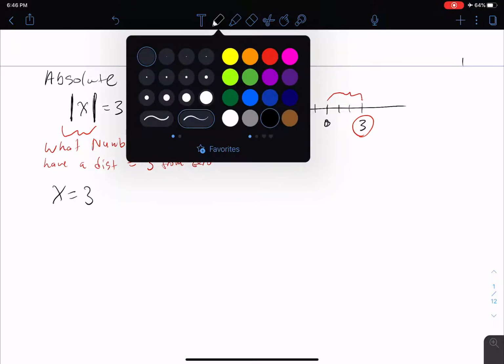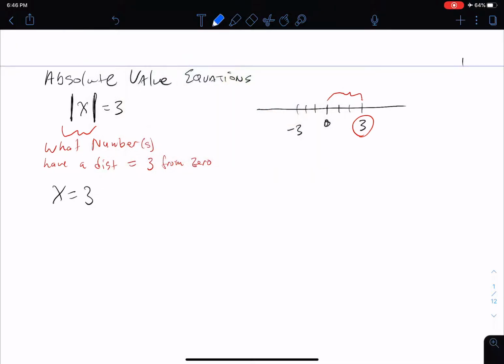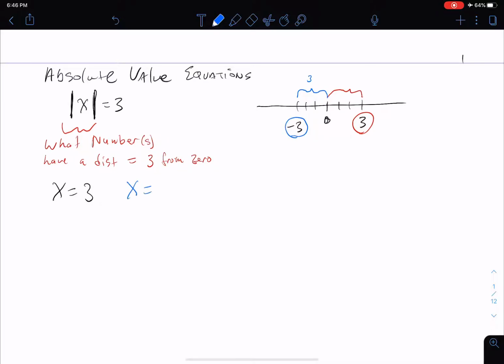But when you look in the other direction, now we're talking about a distance, so this distance is still a distance of 3. If I go the other direction, a distance away from 0 is 3 units still, but that location is negative 3. So that gives us our second answer. 3 and negative 3 have an absolute value of 3.